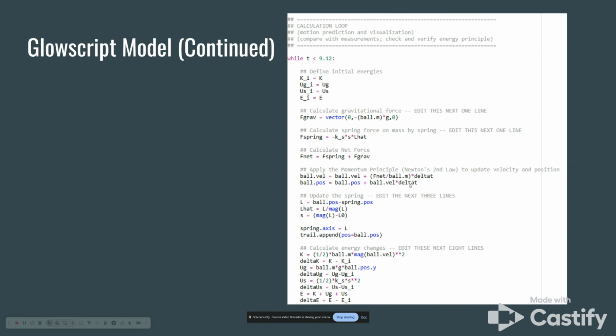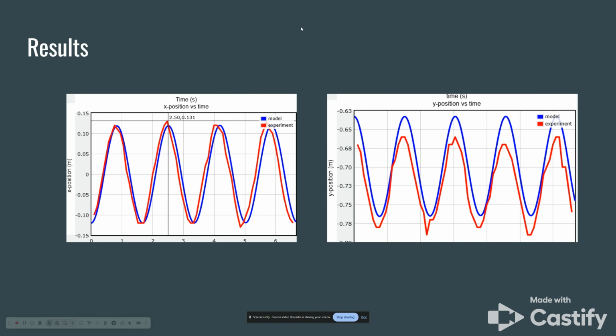This is just the velocity and position update formula. And then this is L hat, and S. And then here we're calculating energy changes. So it's just kinetic energy, potential gravitational energy, and spring potential energy, and then we're just finding the change by doing delta.